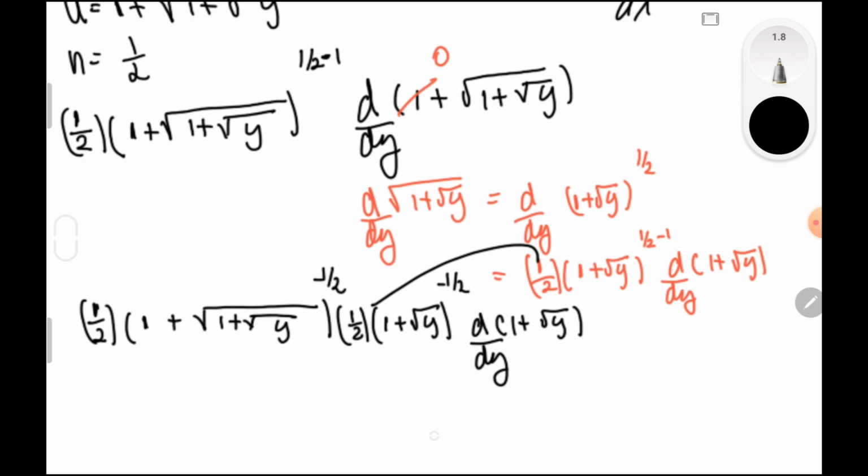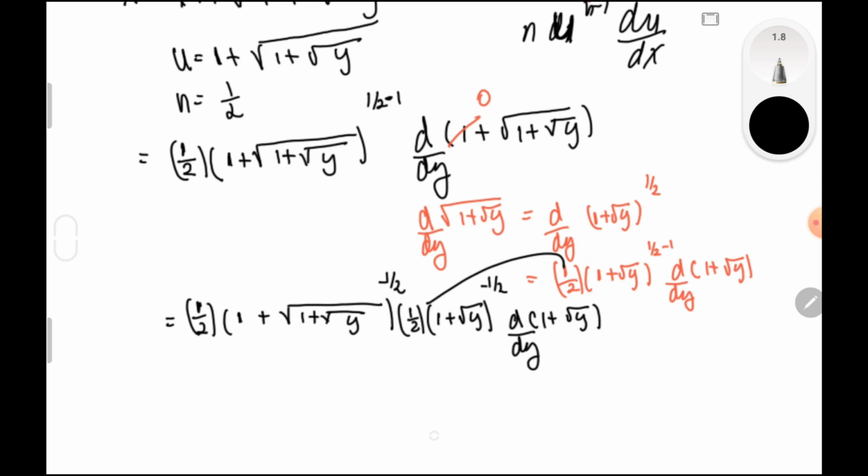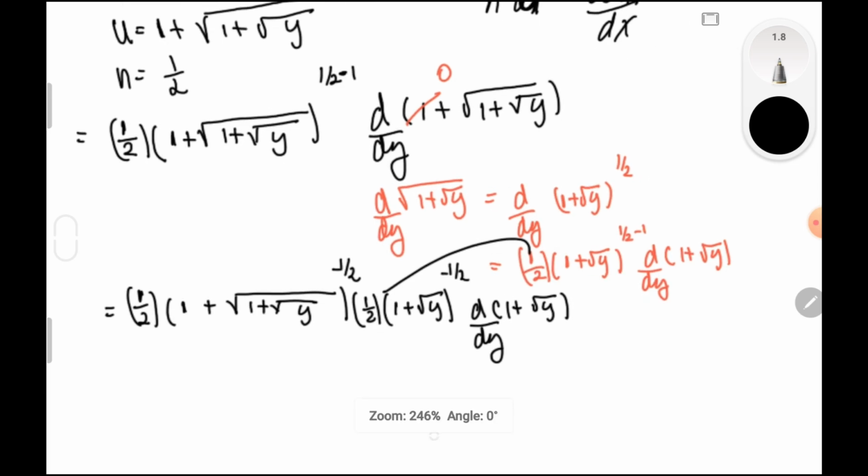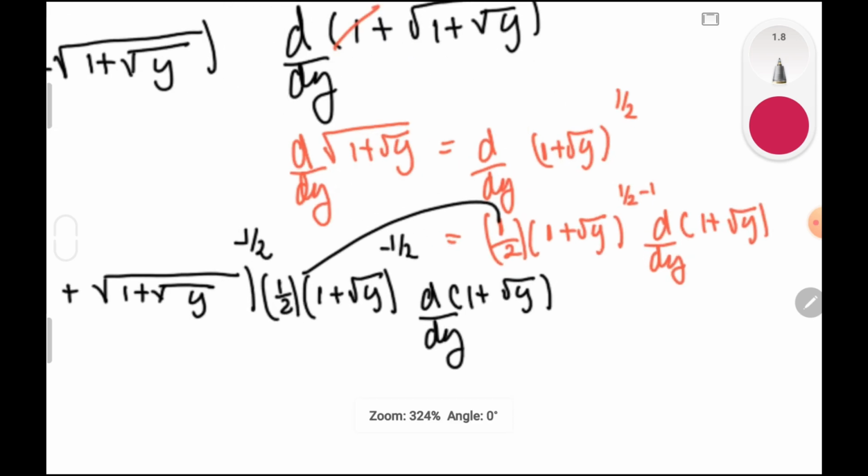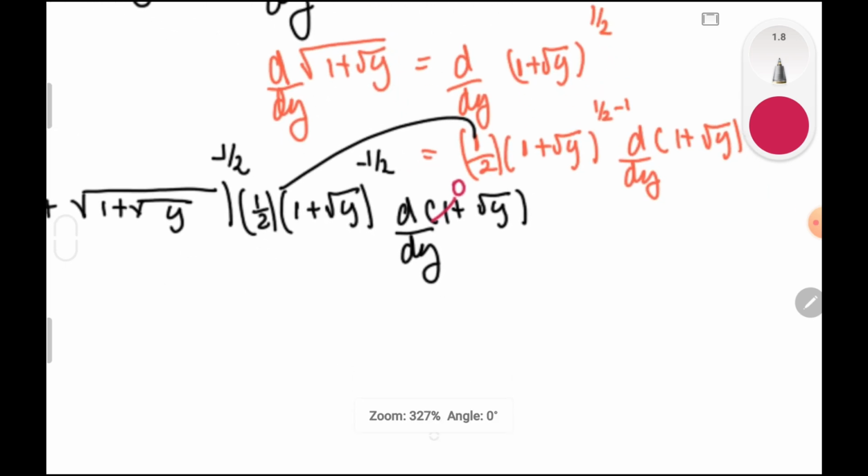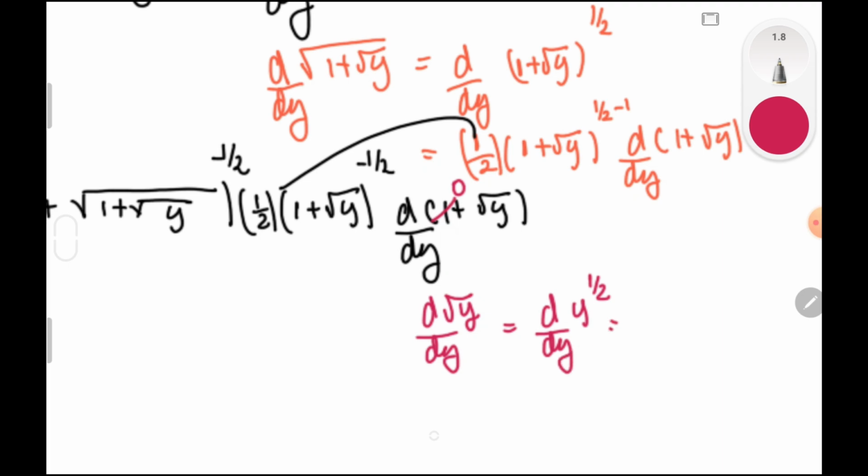Okay, so the derivative of 1 is equal to 0, so therefore the derivative of square root of y over dy is equal to the derivative of y raised to 1 half with respect to dy, which is equal to 1 half multiplied by y raised to 1 half minus 1 multiplied by the derivative of dy over dy.